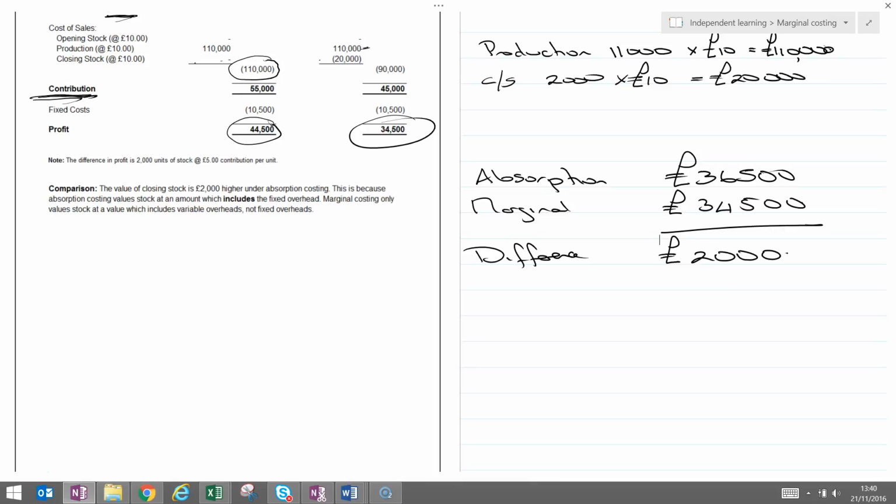So you've had an introduction to what marginal costing is, what it is used for, which is short-term decision making, and we've looked at how we can prepare marginal costing statements. We've then compared those marginal costing statements to absorption costing statements, and we've looked at where there are differences in the profits, which only occur when we have closing stocks, and we've identified the reasons for those differences.